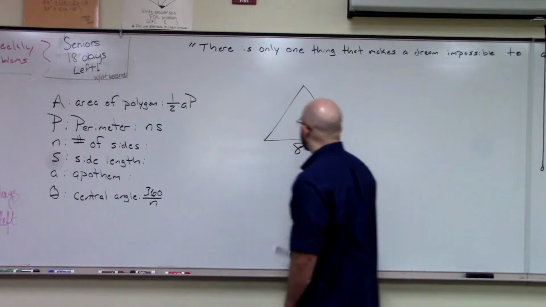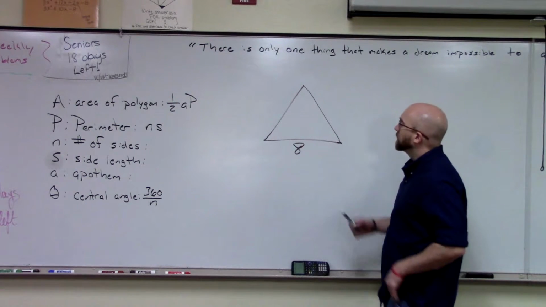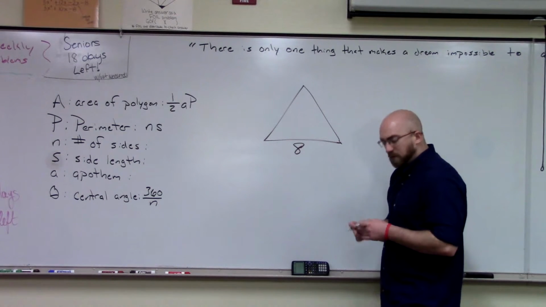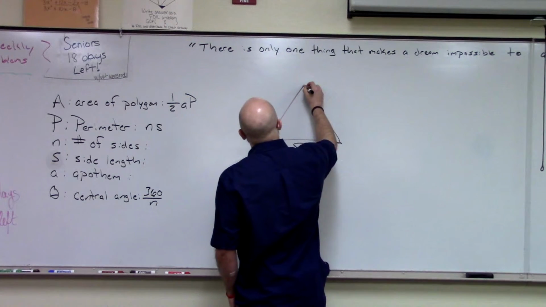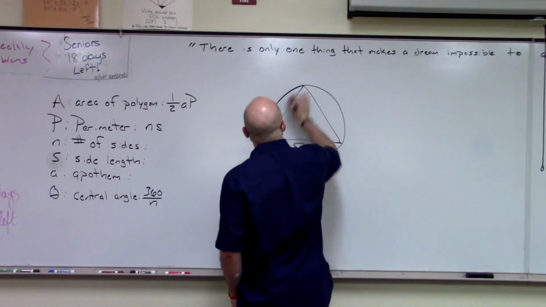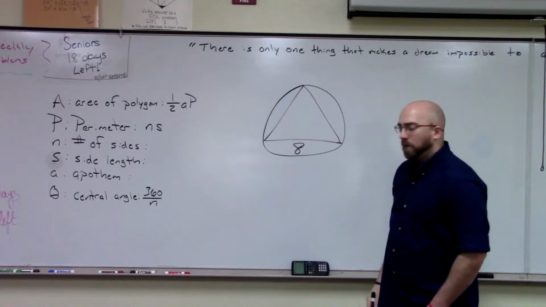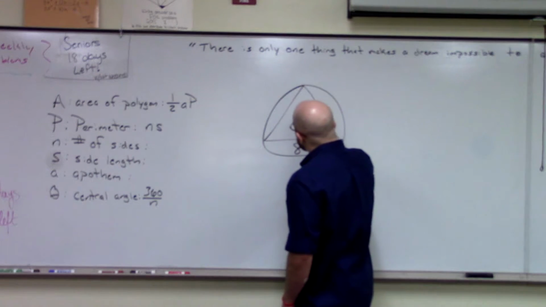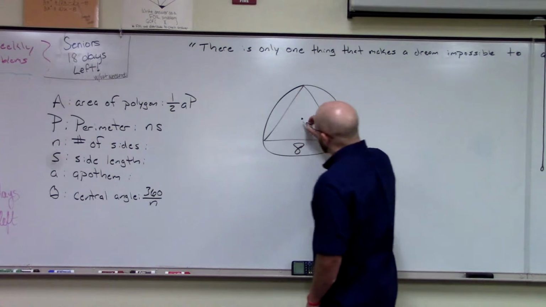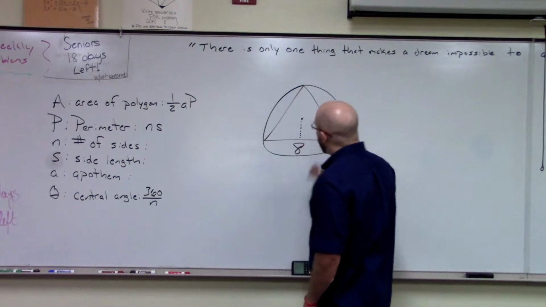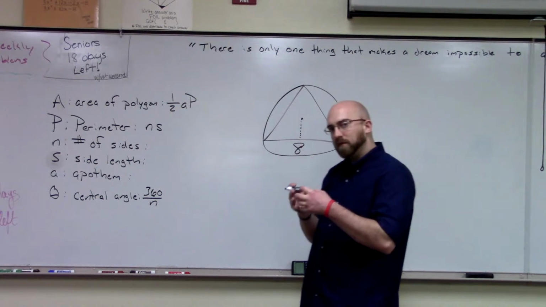So here's our first example, a triangle. Now the idea behind why I use all this stuff is, imagine it's inscribed in a circle. The center of our circle is also the center of the polygon. Imagine I draw a dotted line down all the way to the base of my polygon.